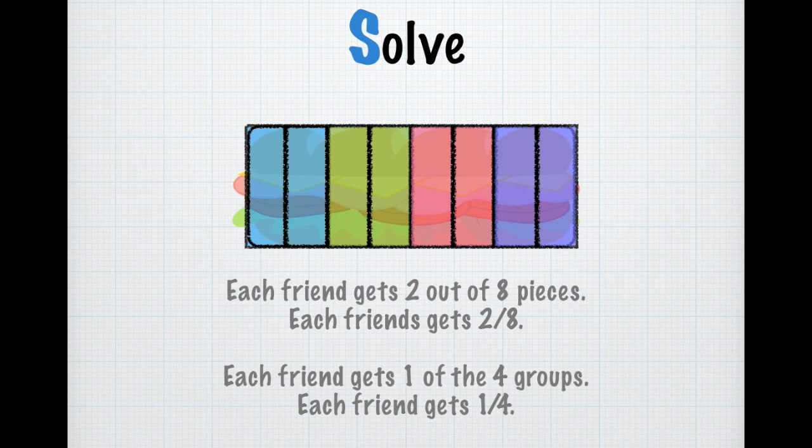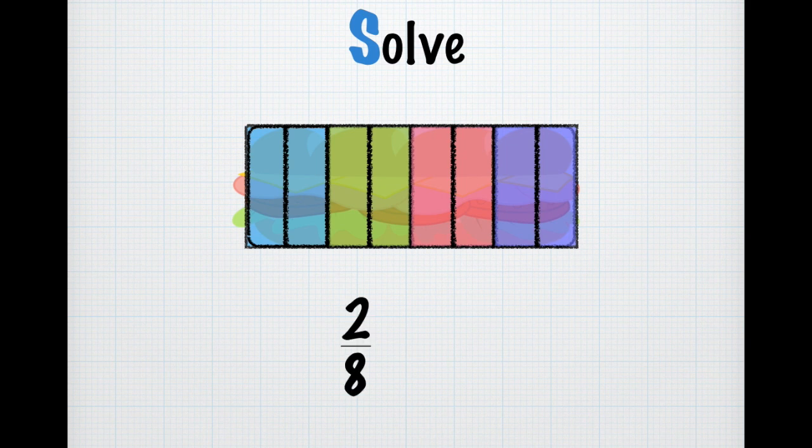They'll get one colored section, so each friend gets 1/4. So that tells me that 2 eighths is equal to 1/4. If I eat 2 of the 8 pieces, that's the same as eating 1/4 of the sandwich.